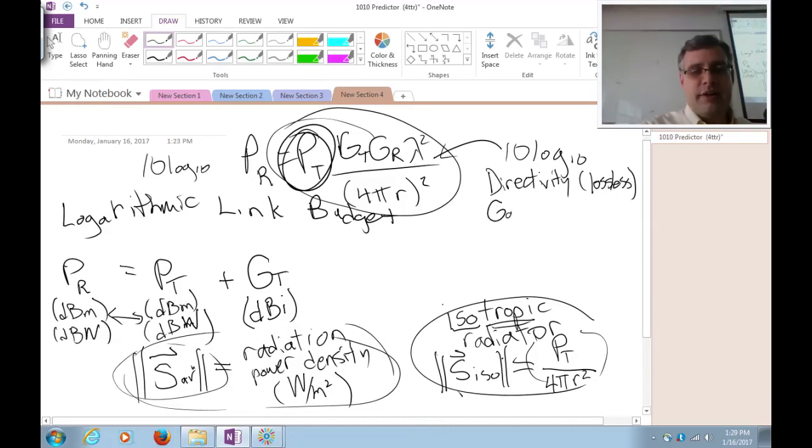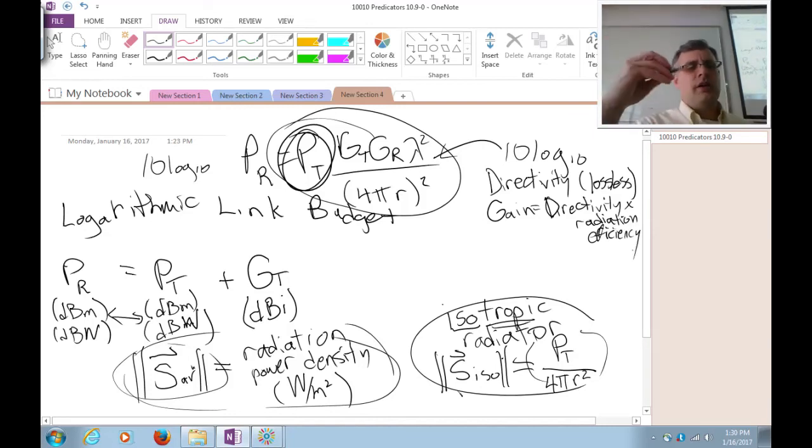And then this idea of gain, which is really directivity times radiation efficiency. That's how it's formally defined in antenna engineering. That's the realistic factor, takes into account actual losses of the physical antenna.